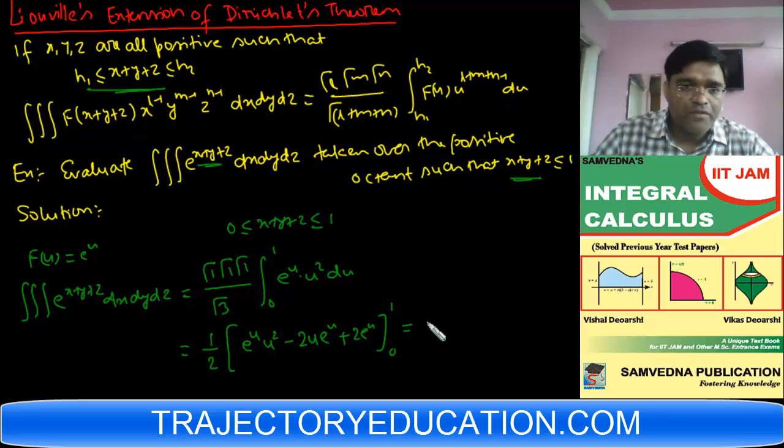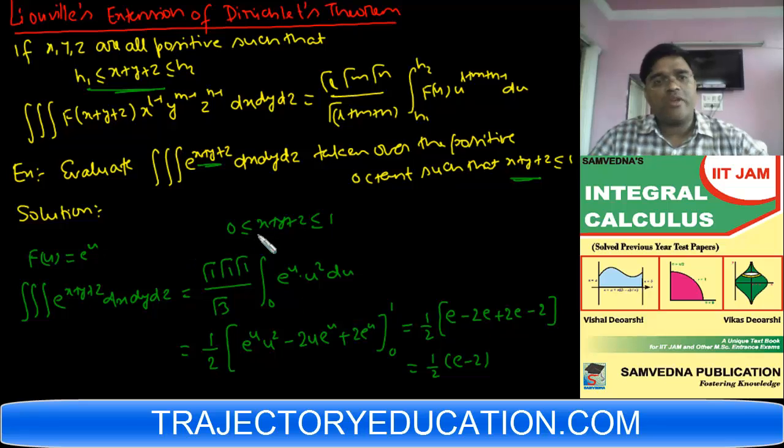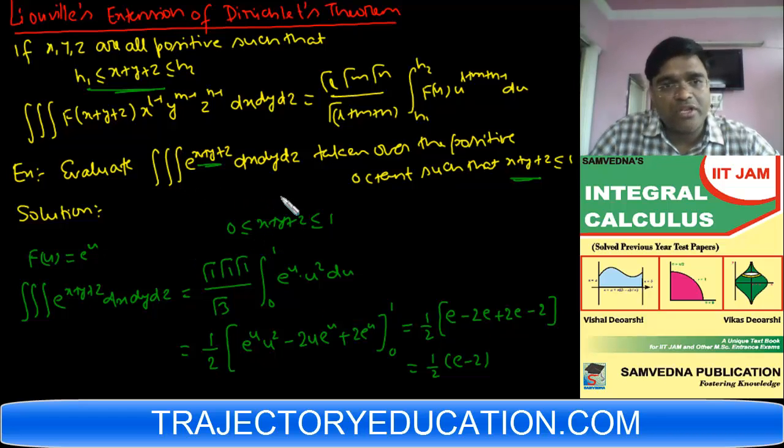So this will give you 1 upon 2 of e minus 2e plus 2e minus 2. So this is basically 1 by 2 (e minus 2). This is your answer. We have solved this integral very easily using Liouville's extension.